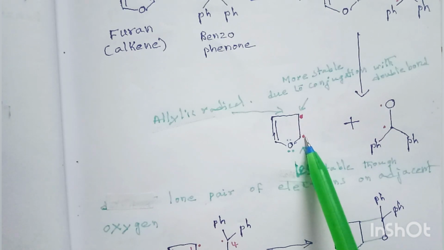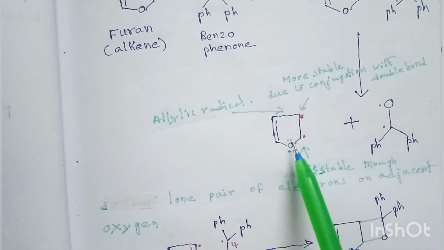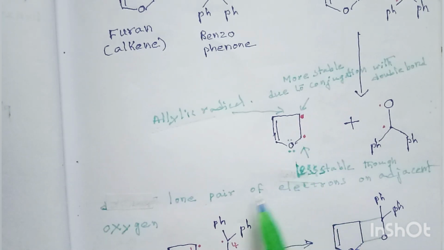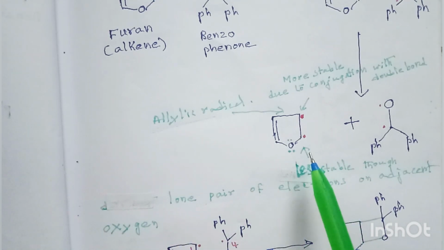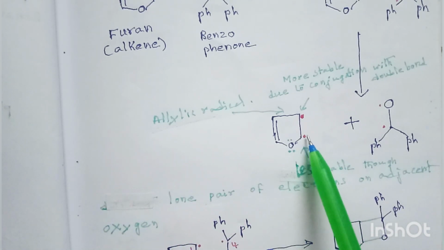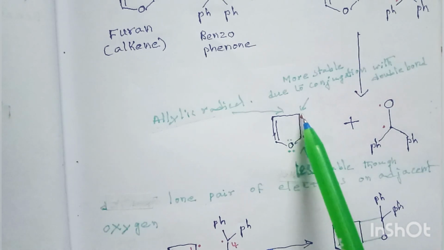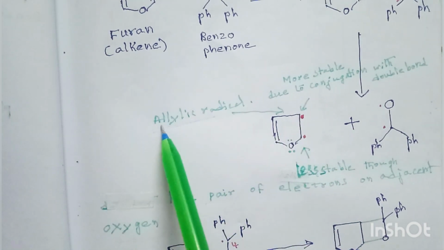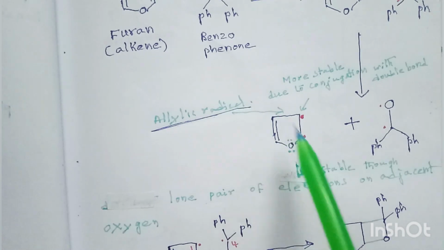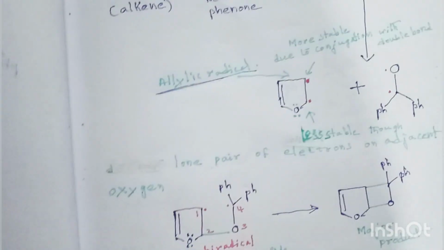This radical is adjacent to an oxygen atom which has a lone pair of electrons to donate to form a resonating structure. Still, this radical is less stable than this allylic radical. So, the allylic radical is more stable.